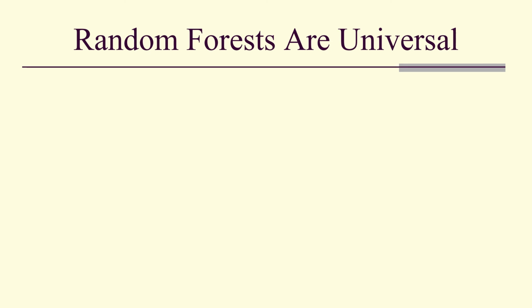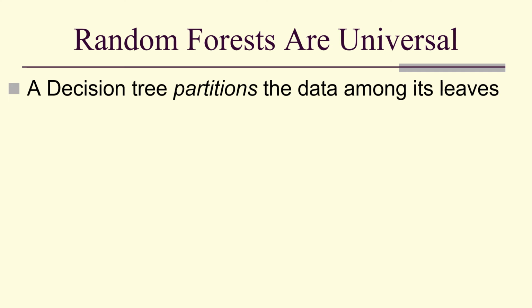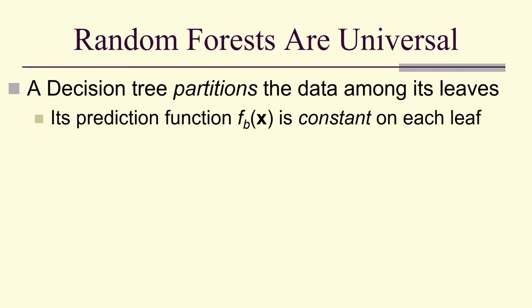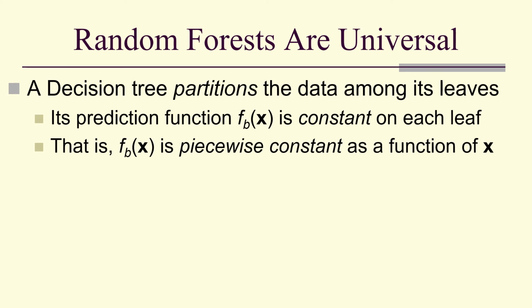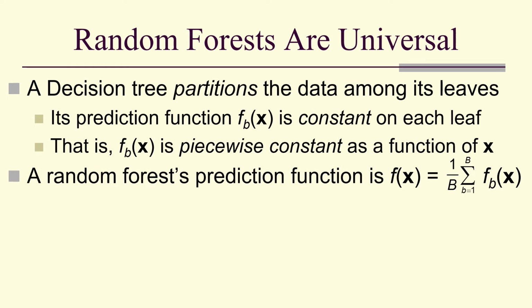So random forests are actually universal. A decision tree partitions the data among its leaves. Its prediction function, therefore, is constant on each leaf. In other words, its f sub b of x is piecewise constant as a function of x. A random forest prediction function is an average of piecewise constant functions.